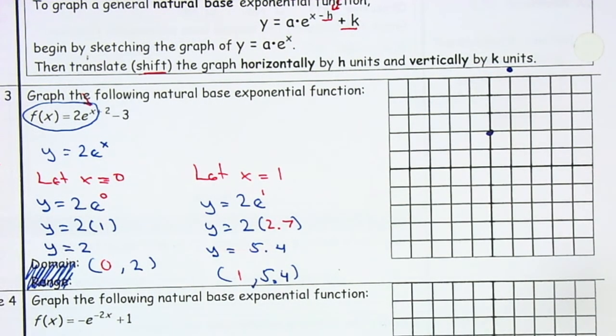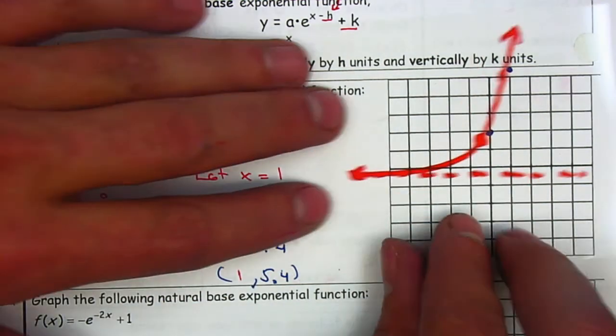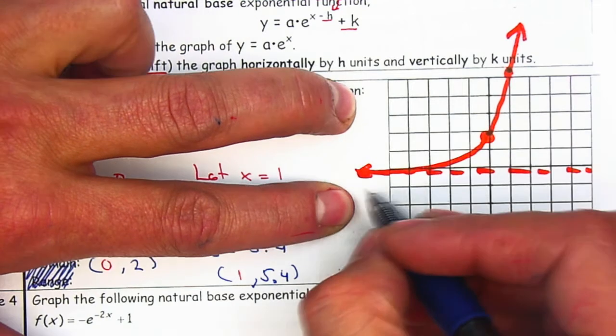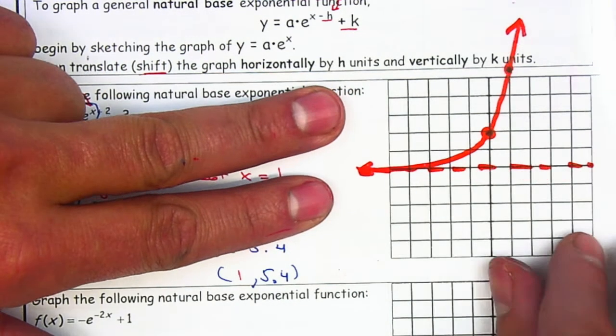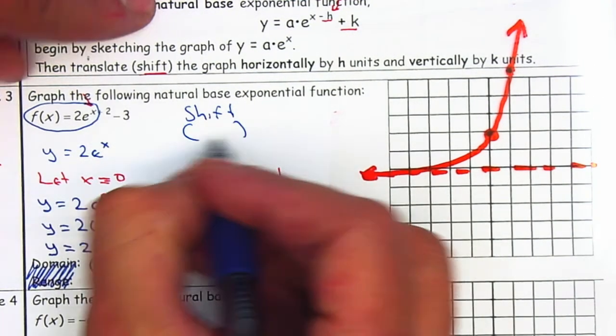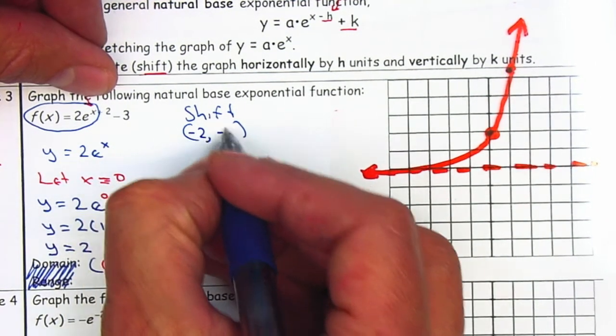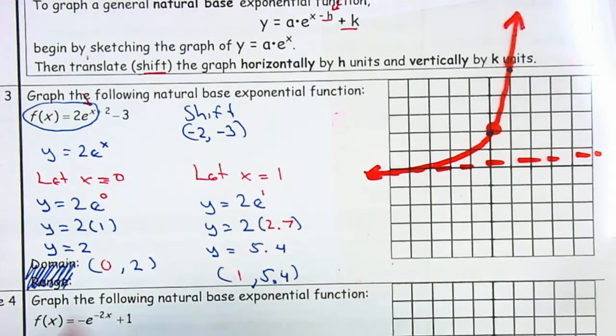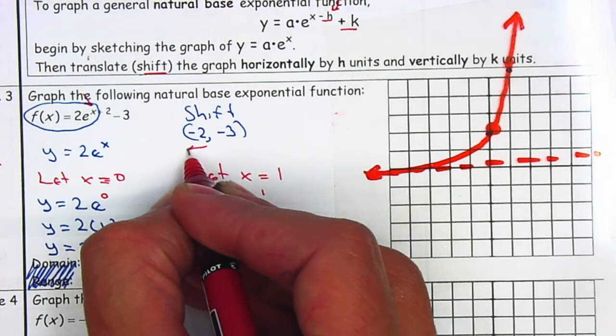Now, ideally, you want to be able to sketch your graph now and say, okay, this is the sketch. It's an exponential growth. Here's my asymptote. Then you will want to use your shift, your h and your k, which is -2 and -3. Don't draw this yet. And say, okay, this is -2, so I'm going to shift it to the left 2.